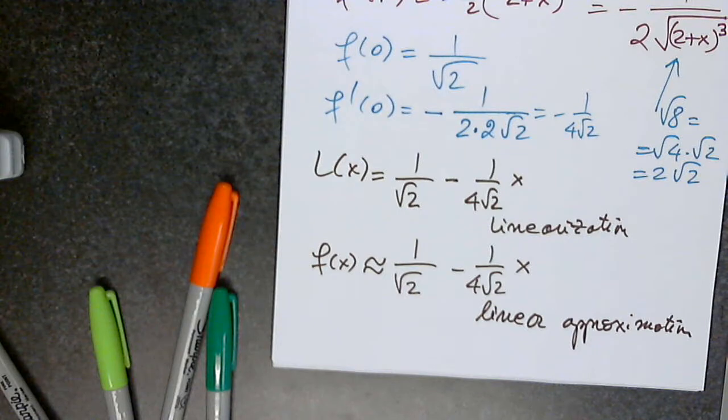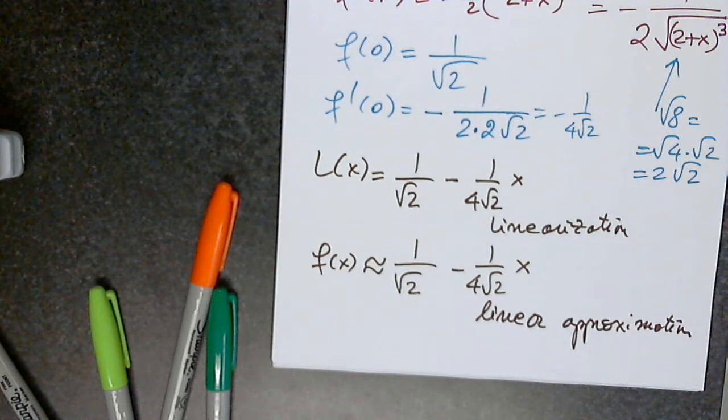So the line is a very good approximation, also on the other side, negative 0.1, negative 0.4, negative 0.7. Still very good approximation.